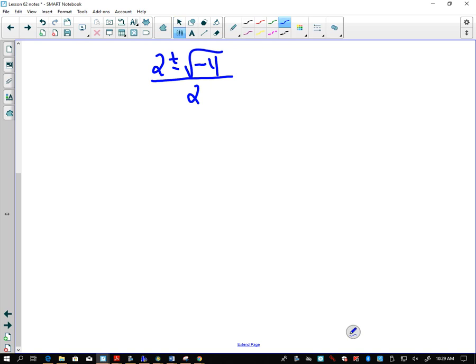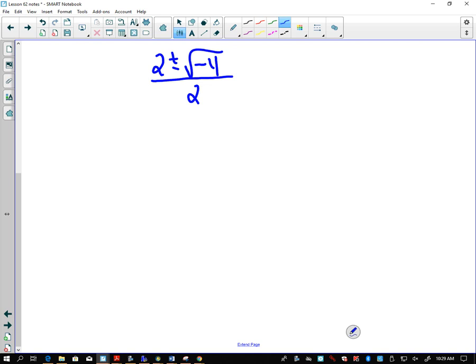Okay, Jewel, what can I take out of that square root of 4? I can take out a 2. But remember, there's a negative here. So what does the negative become? What do I substitute for that negative?